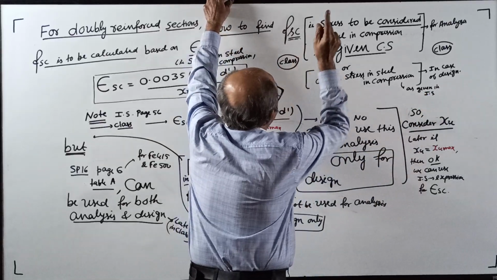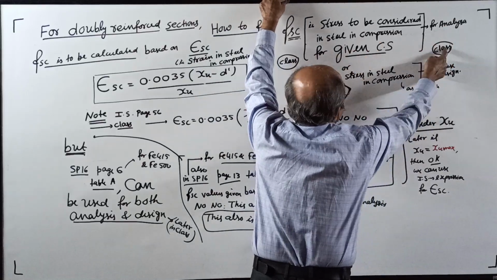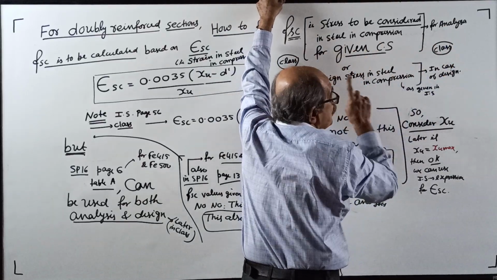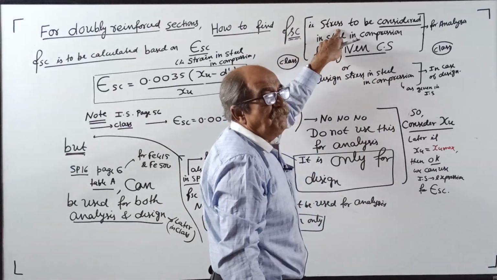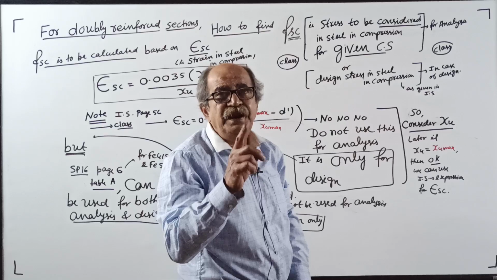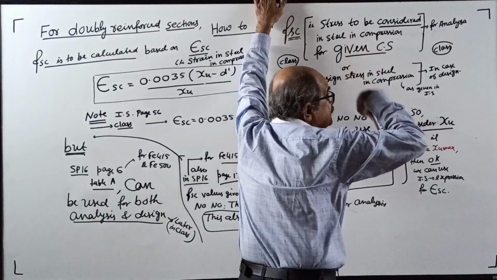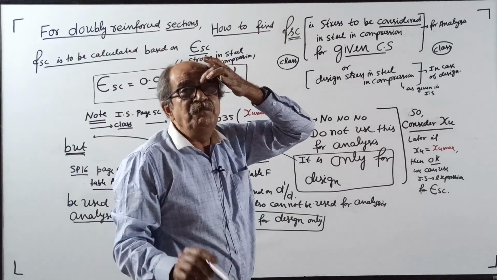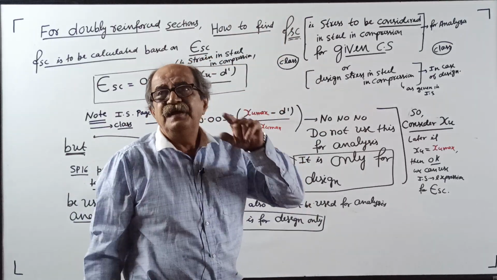But remember, in case of an analysis problem, I am explaining something here, you should write it. In case of an analysis problem, FSC is a very delicate part. It is the stress to be considered. The term FSC into ASC will come. There, ASC you know.